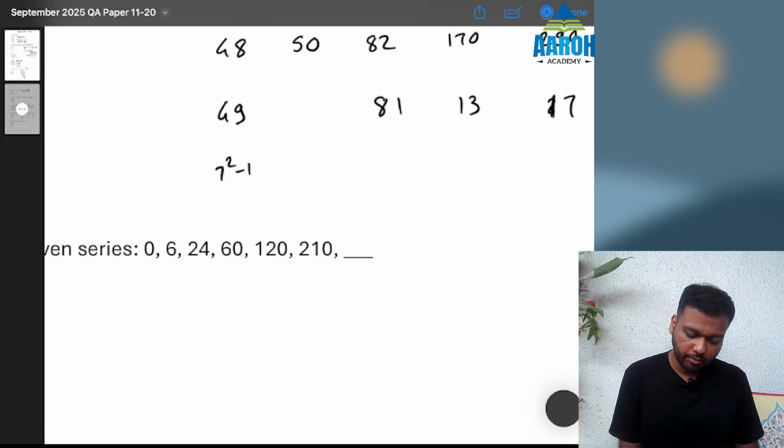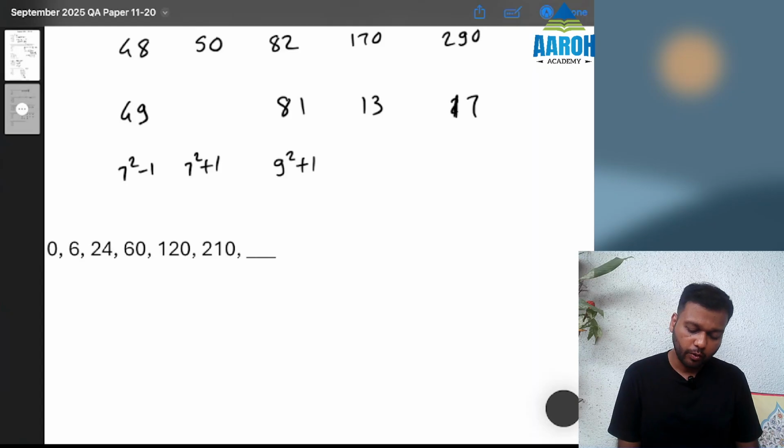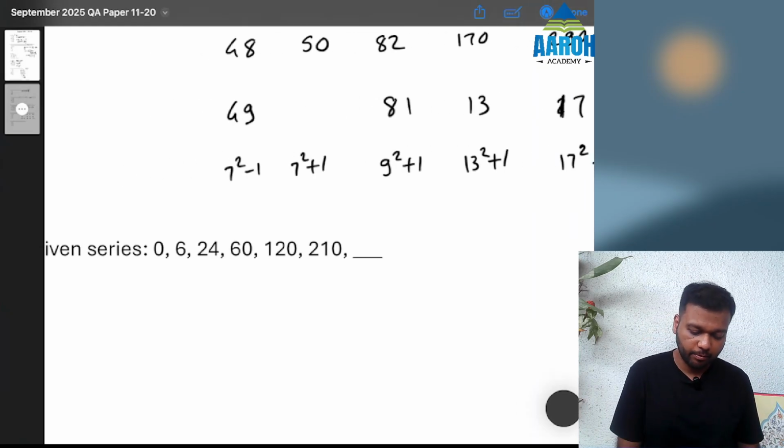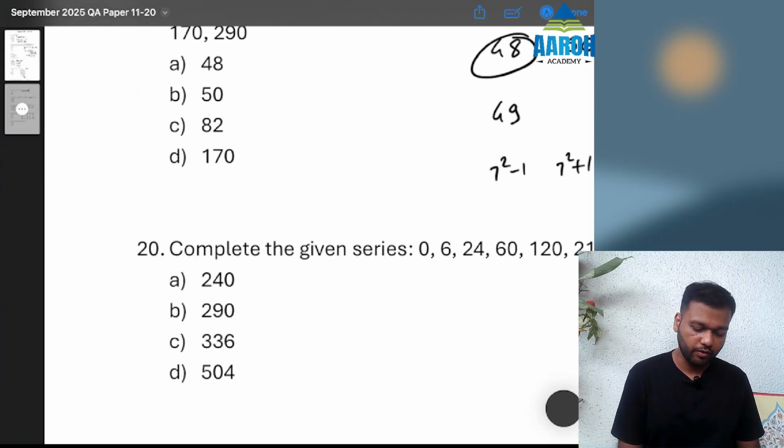This 82 has come as 9 square plus 1. In fact, that 50 is also 7 square plus 1. That 170 is 13 square plus 1, 169 plus 1, and 289 plus 1, so 17 square plus 1. So it is all square plus 1 except for this number, so that is the odd one out, 48.